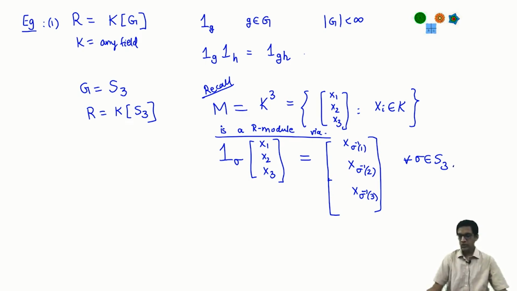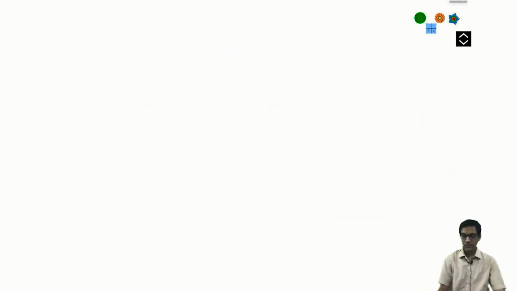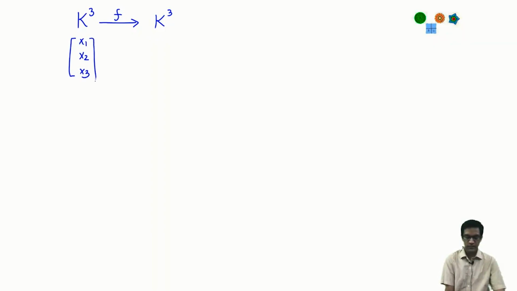Now what we are going to do is define a homomorphism of this space to itself. Let me take this module K3 and define for you a homomorphism of K3 to itself. The map is the following. Look at the vector x1, x2, x3, mapped to x1 plus x2 plus x3 in each of the 3 coordinates.